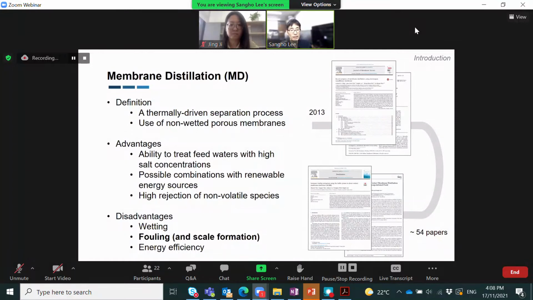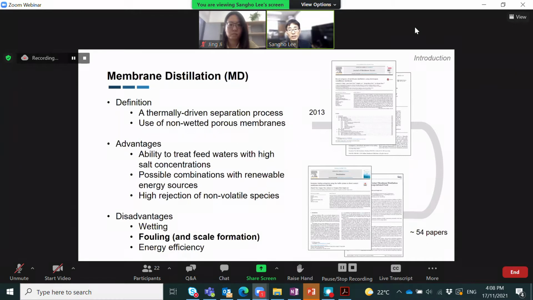So that's why many people are studying membrane distillation. Of course, membrane distillation has several disadvantages, such as wetting, fouling, and energy issues.